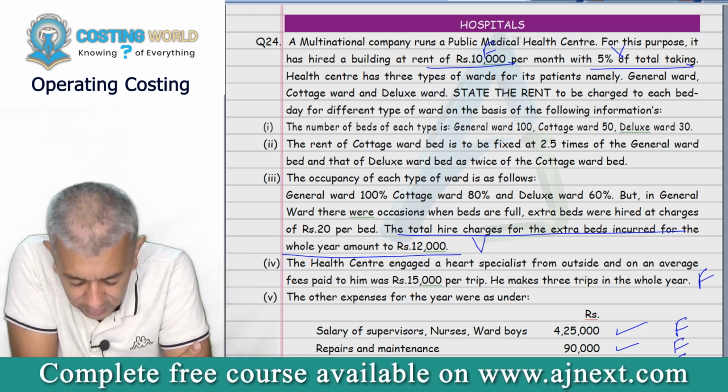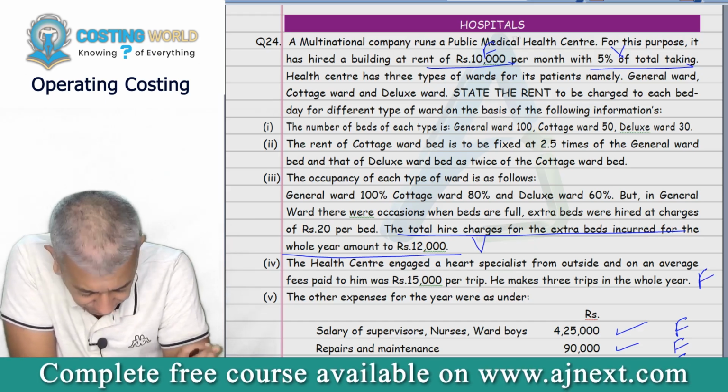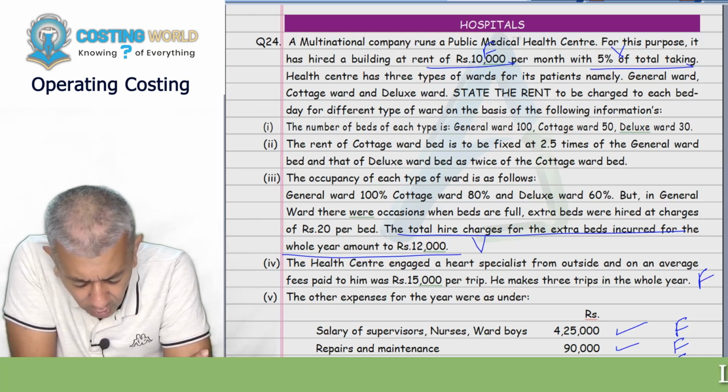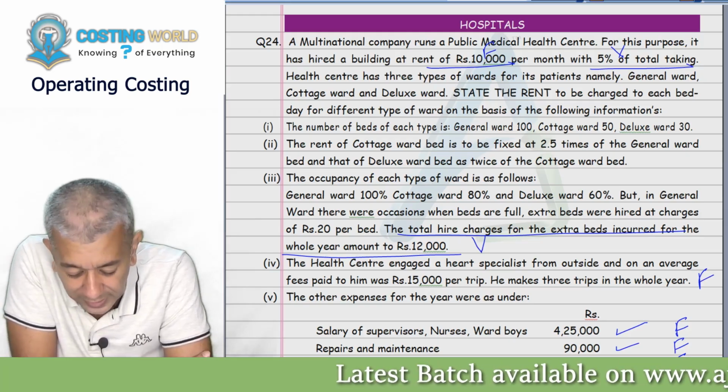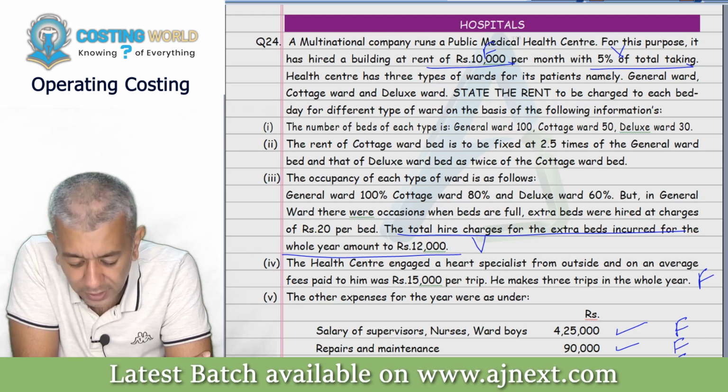Okay, listen. Now, listen to me very carefully. All these expenses we'll try to categorize. Okay, you all give the heading operating cost statement for 1 year.